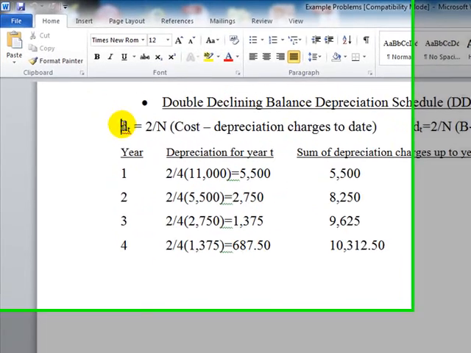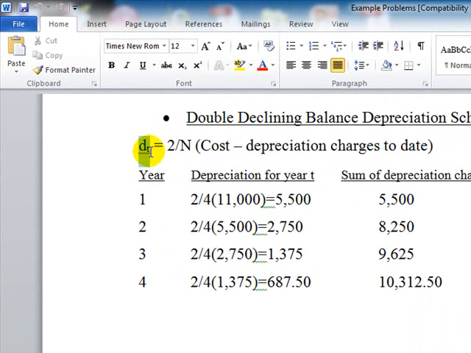So again, D sub T, the depreciation charge, which we have been asked to calculate, the formula is 2 divided by N. N we know, number of years. 2 divided by N multiplied by cost, which is initial cost, which is B, right, minus depreciation charges to date.